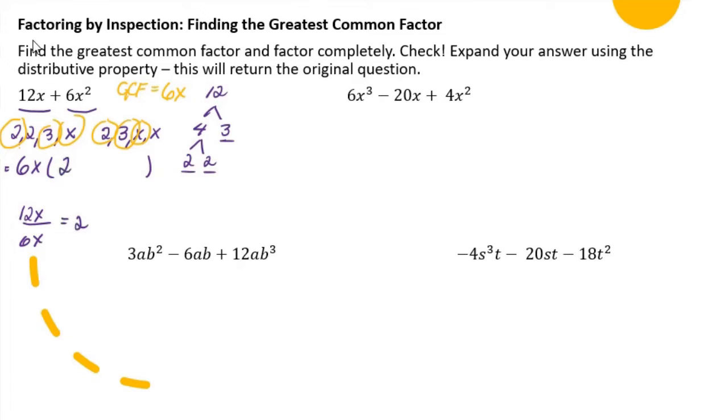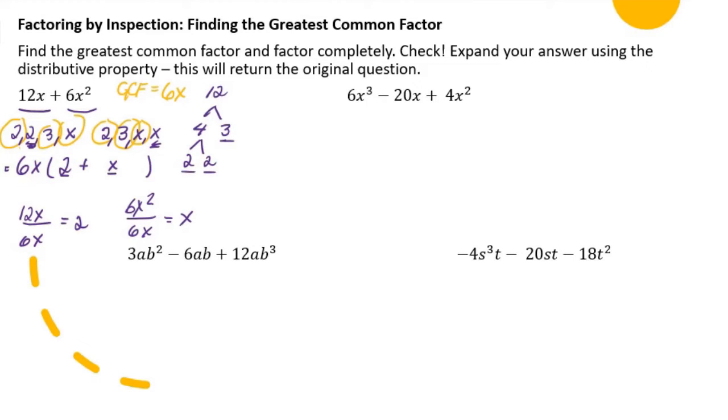So when I take 6x out of 12x, I have 2 left behind. When I take 6x squared and divide out 6x, what's left? Just an x. So 2 plus x. You can also look at it this way: there's a 2 that was unique in the first term and an x that was unique in the second term, and we find that that's what's left in our brackets.